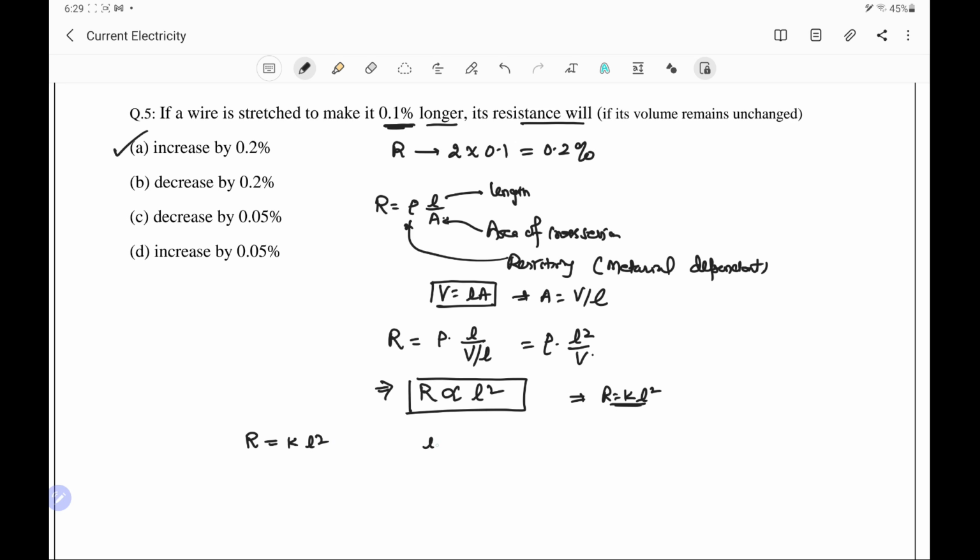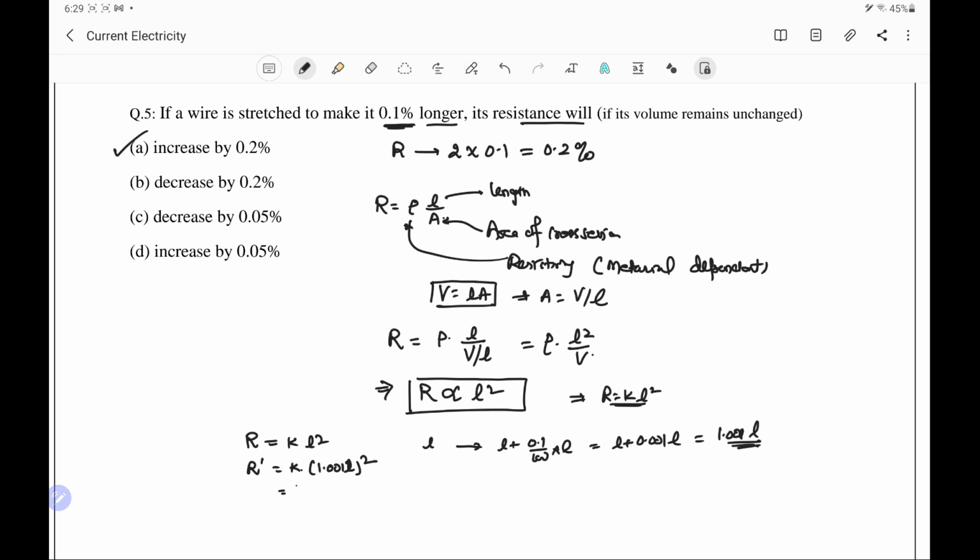It means earlier the length was L. Now on stretching, the length becomes L plus 0.1% of L. That means L plus 0.001 L, or we can say it is 1.001 L. This is the new length. Therefore, R dash, the new resistance, will be K times 1.001 L square.